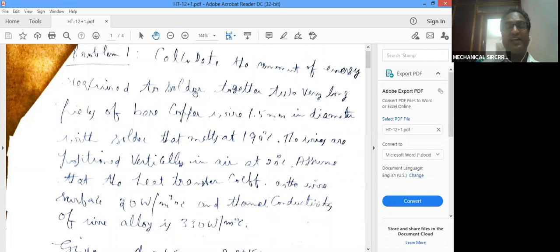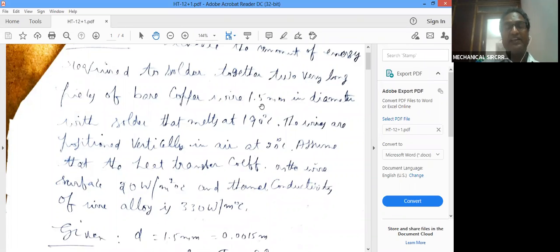If you want to solder, you have to provide heat to the copper wires. For two very long wires, you have to consider the pin to be very lengthy. For a lengthy pin, you can apply the temperature distribution equation or heat transfer rate equation here. The diameter of one copper wire is 1.5 mm, with solder that melts at 190 degrees centigrade.